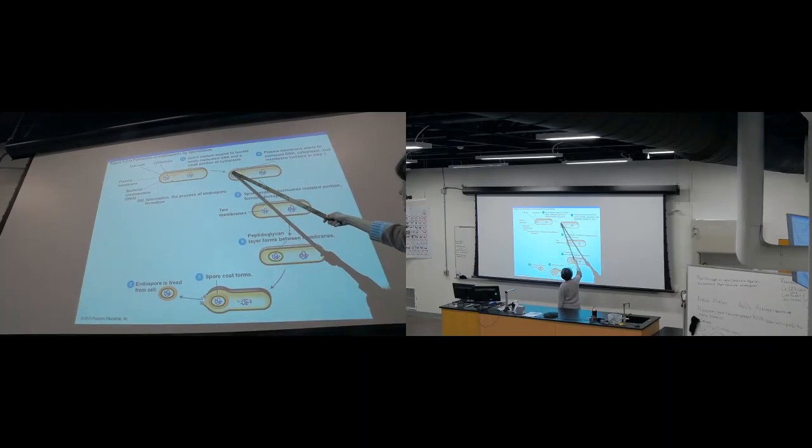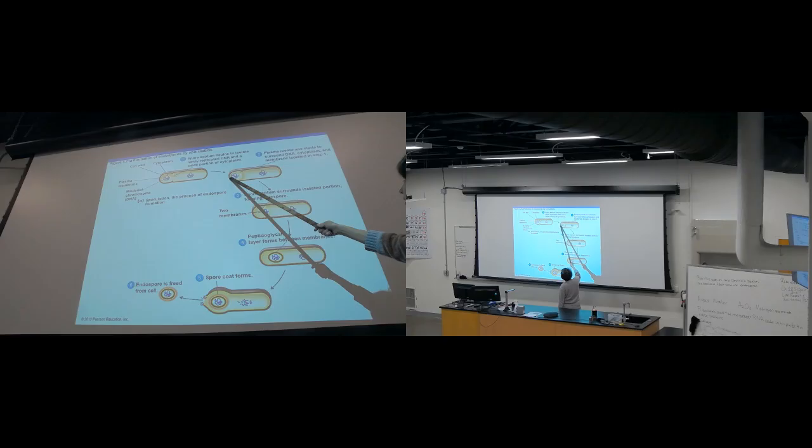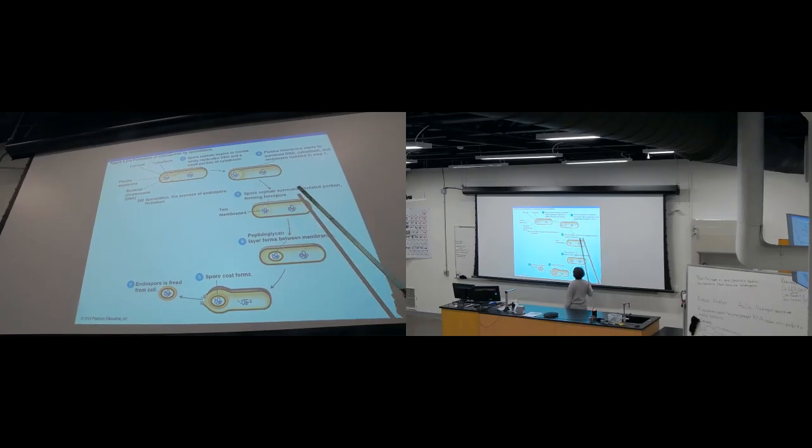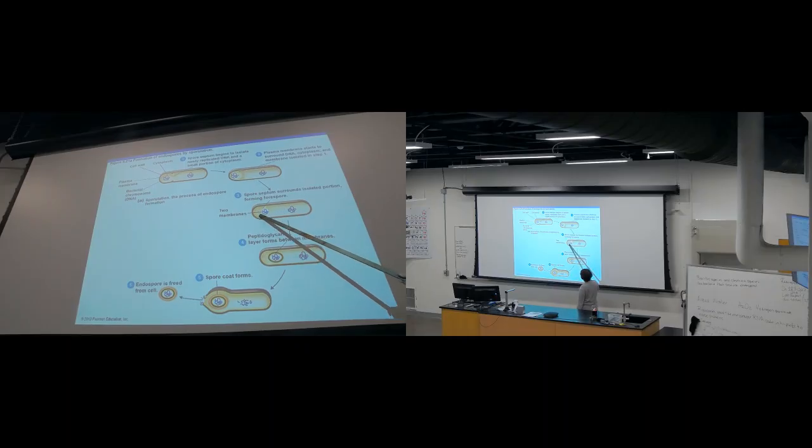After the plasma membrane surrounds the DNA and you isolate this DNA, you will start forming a second membrane. And this is going to be called a forespore. After this, you introduce a cell wall between the two membranes, and then you form a coat outside of this membrane, and you release the endospore.